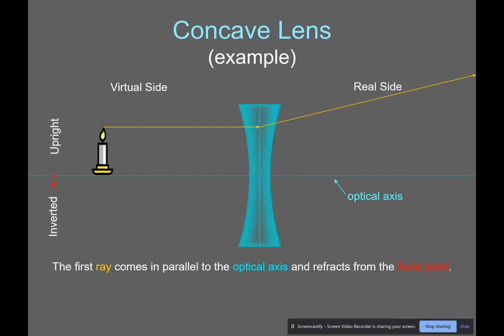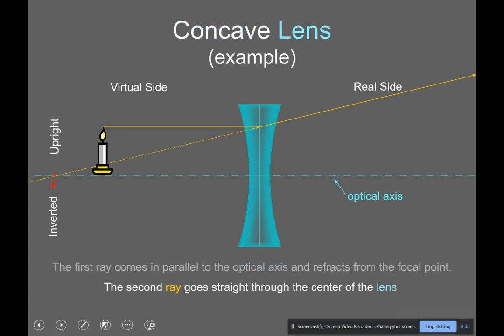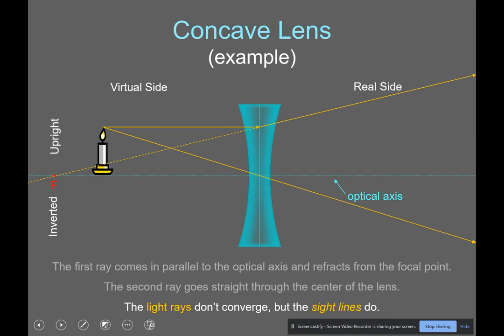The real side again makes the solid line, but you still want to see if your image could be virtual, so don't forget that dotted line, and it crosses your focal point. You just use your focal point to figure out what angle to draw that in. Your second ray just goes straight through the middle. And where your two lines meet is where your image is.